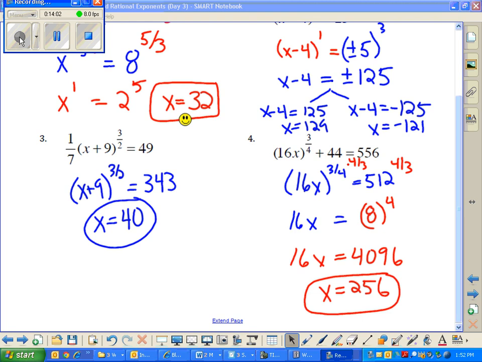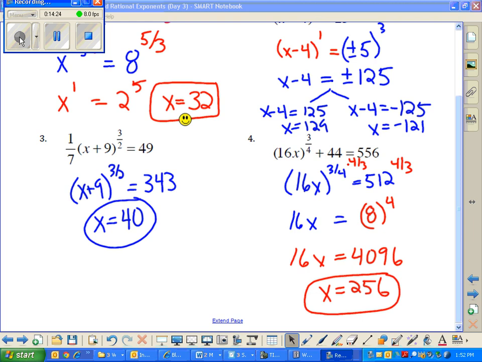This is the same thing as 16 to the 3/4 times x to the 3/4. I actually just thought it was a little bit easier to keep the parentheses around the 16x, then get rid of that 3/4 first. I think some of you tried to apply your properties of exponents to that problem. You can do that, but I think it makes the problem a little bit longer.